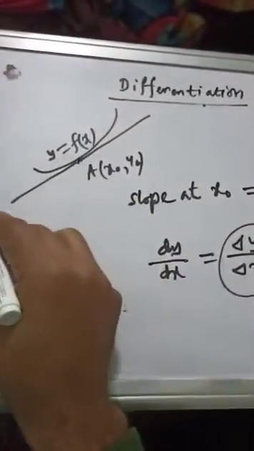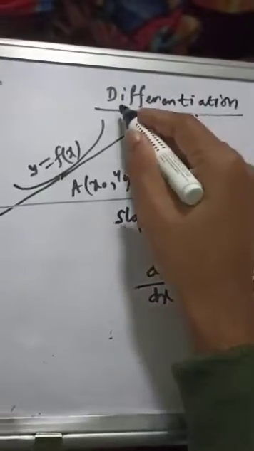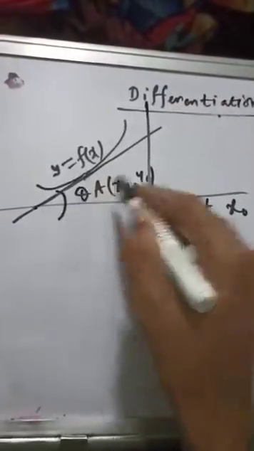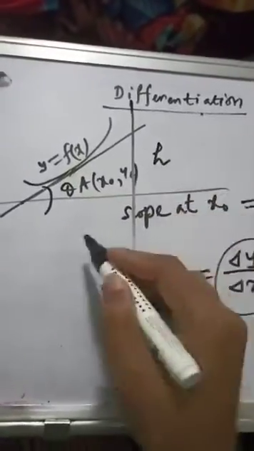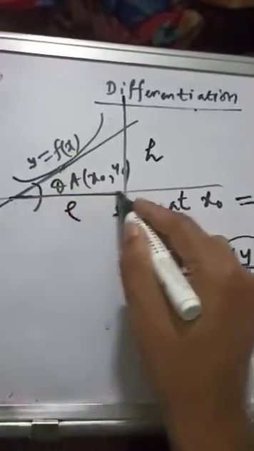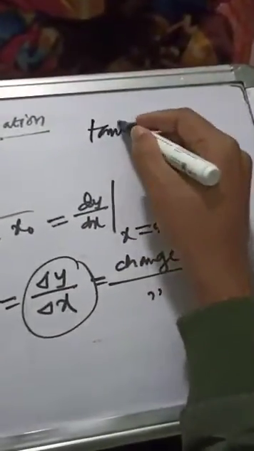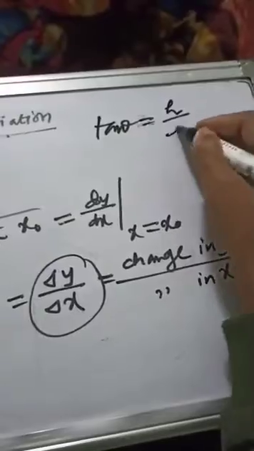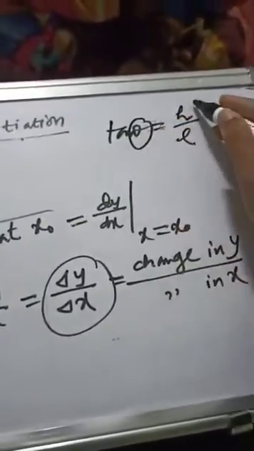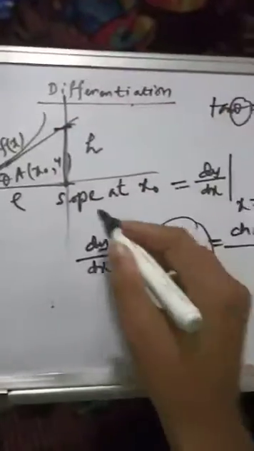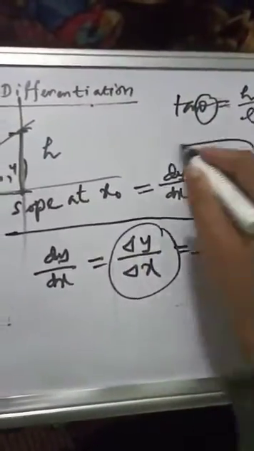And if I place a line here, if the angle is theta, if the height is h, length is l, then we can write tan theta equal to h upon l. If we do not know the theta, then from here we can also find the height h. Okay, so slope at x0 is nothing but dy dx at x0.